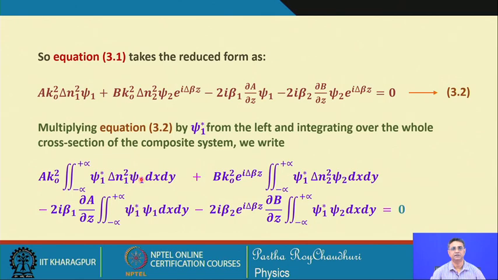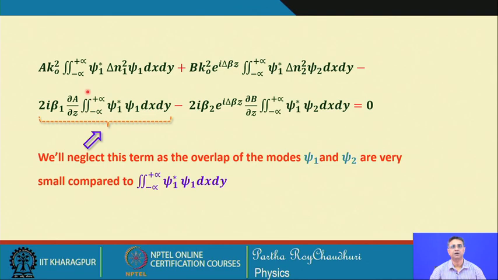So, you can write the first quantity like this, the second quantity will be like this, delta n 2 square will be there, and because it is psi 2, psi 1 star delta n 2 square psi 2 dy dx, and for these two quantities we can write these two equations. So, this is the form of this equation when you have taken the integration over the whole space to see how these equations look like.